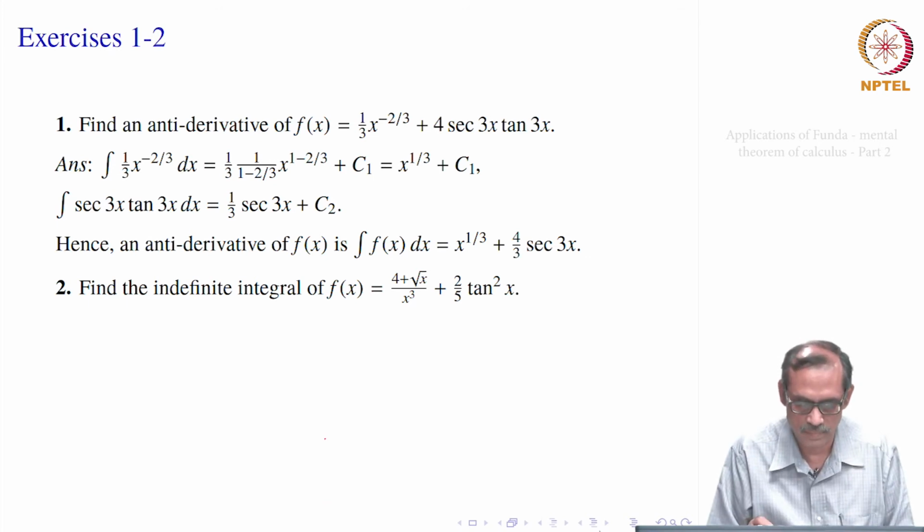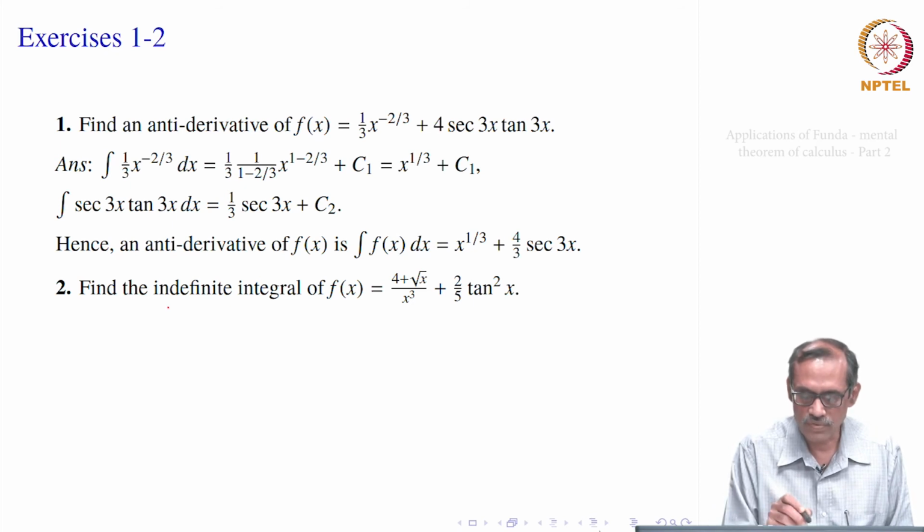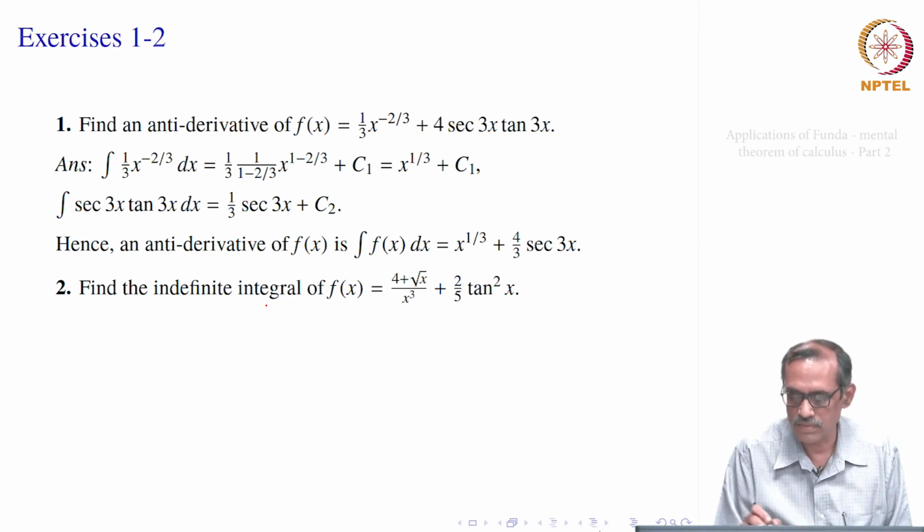Okay, this is just using the limit properties and, of course, the fundamental theorem of calculus, which is always used implicitly. Now we want to find the indefinite integral of this function: (4 plus root x) by x cubed, plus 2 by 5 tan square x. Sometimes it is better to expand it and write it separately as a sum of some things, so that we can use our earlier theorem.